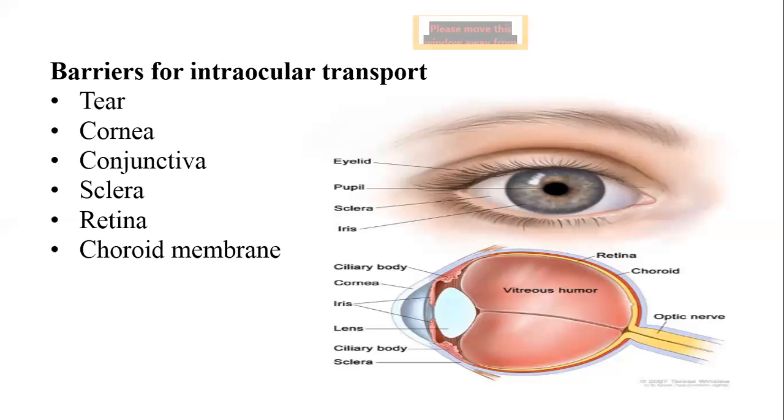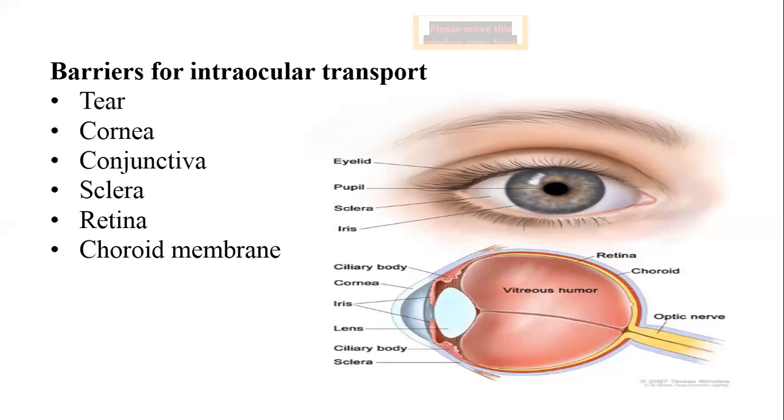Also conjunctiva. The conjunctiva of the eye is a thin layer that lines the inside of the eyelids and maintains the tear film. It is rich with capillaries and lymphatic vessels. Therefore, a drug administered to the conjunctival sac can be cleared rapidly. Sclera is called the white of the eye.